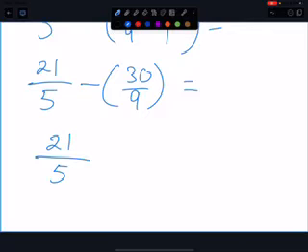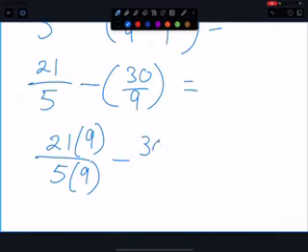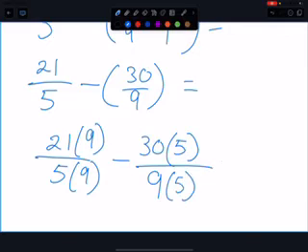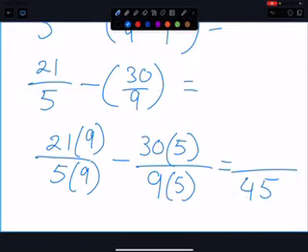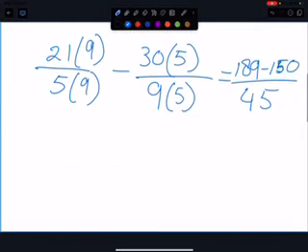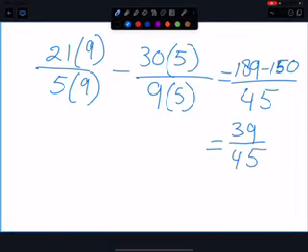That means you multiply 21 with 9, you multiply 30 with 5, and your denominator becomes 45, which in turn becomes 189 subtract 150. And when you do that successfully, your answer becomes 39/45.